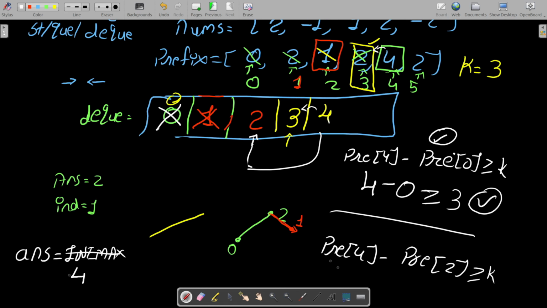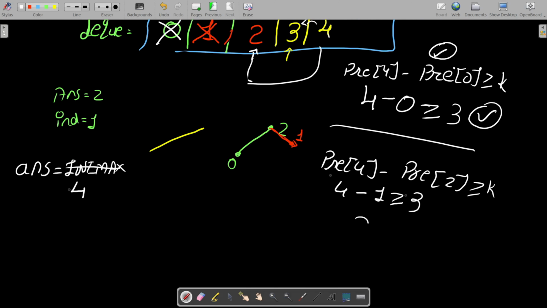So check, prefix of 4 is 4 and prefix of 2 is 1, right? So we are checking this condition, and it is also satisfying our condition. So 4 minus 2 would be 2. So our new length is 2.